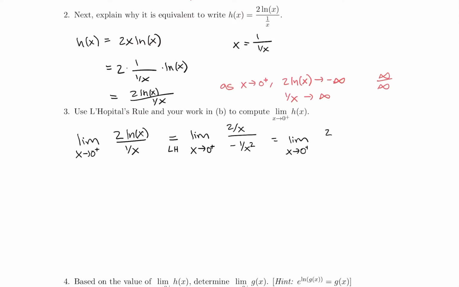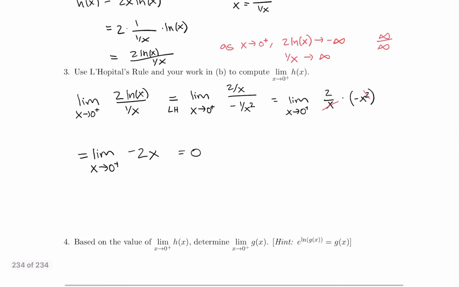So we have 2 over x times this negative x squared, right? Because this part, when we flip it, we get negative x squared over 1. Now we can see one of these x terms is canceling. So you get the limit as x approaches 0 from the right of 2 times negative x, so negative 2x. And now if we plug in 0, we can see that this limit is equal to 0.